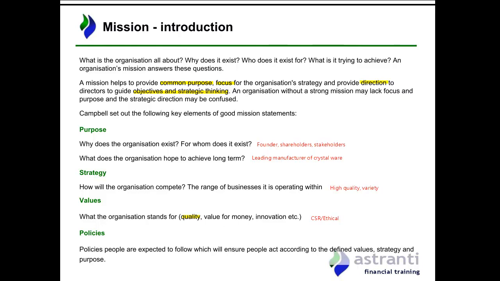So they have a number of things that they are doing to make sure that they are sticking to their values. Okay, so that gives us some ideas of the company's mission, their reason for existing, what they actually want to do, and how they implement that in terms of their values and policies.